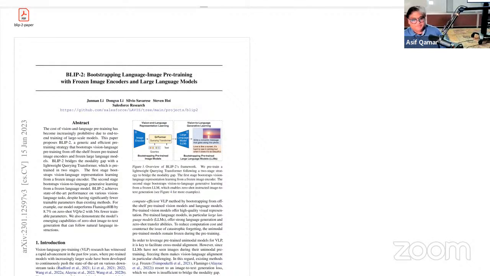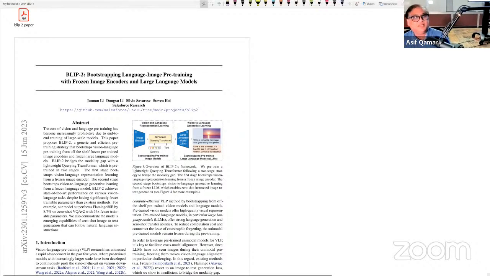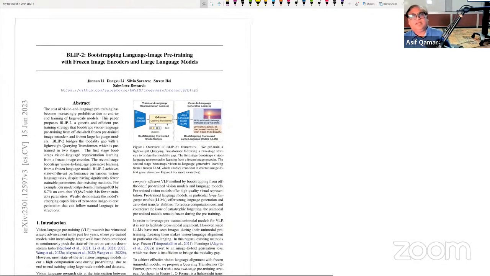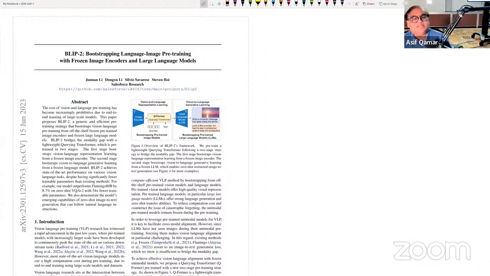Just to recap, in a very, very quick recap, CLIP was foundational in the sense that it opened the door to multimodal learning. Right. And it was a group of breakthroughs that made quite a difference. We followed that with BLIP. BLIP was not just about understanding images and therefore could be used for retrieval, right, search.